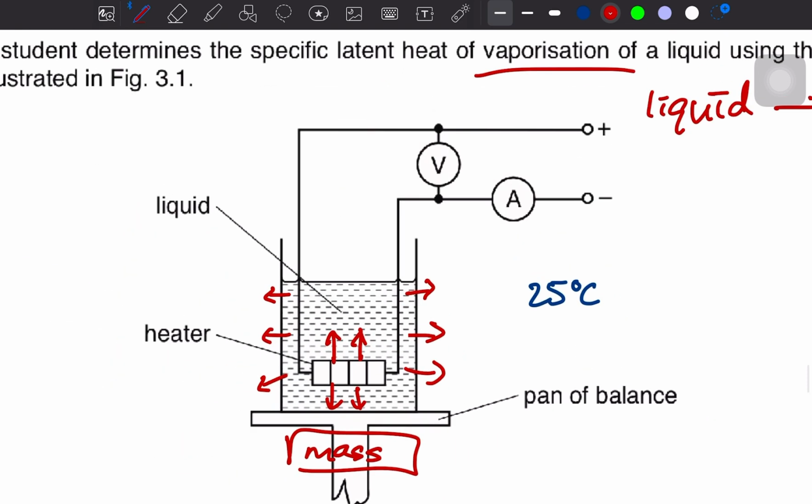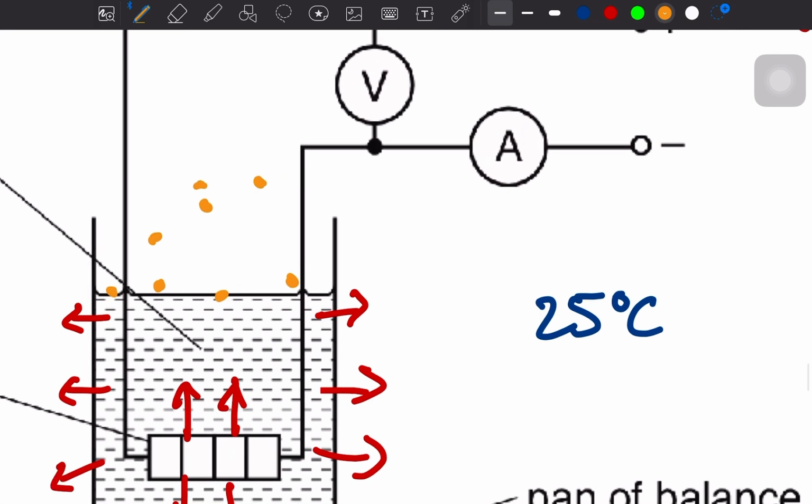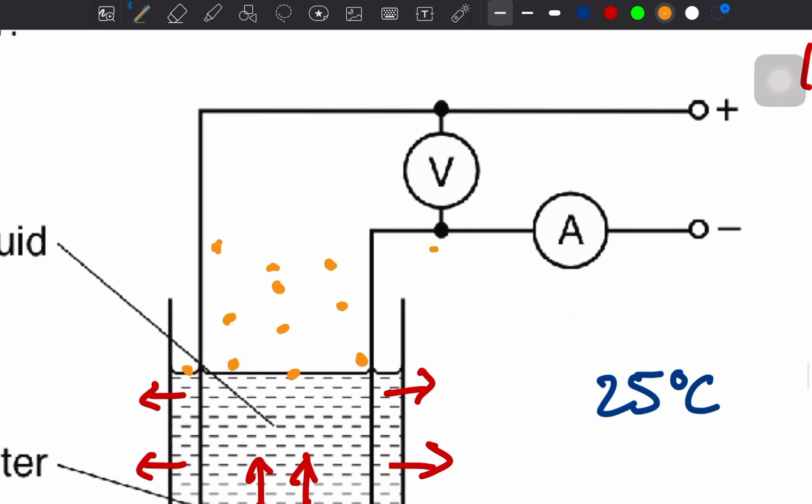That means on the top of the surface, the most energetic molecules, let me change the color, the most energetic molecules will escape the surface of the liquid. And this process is what we call evaporation.